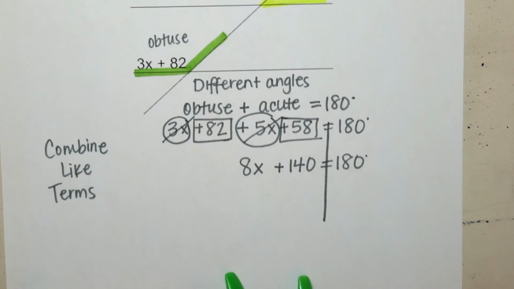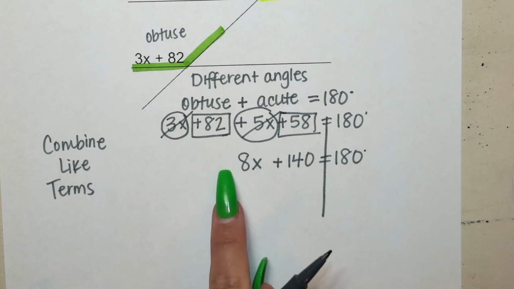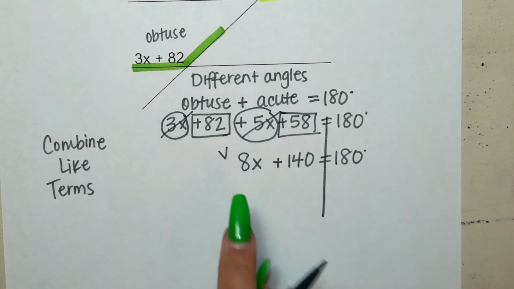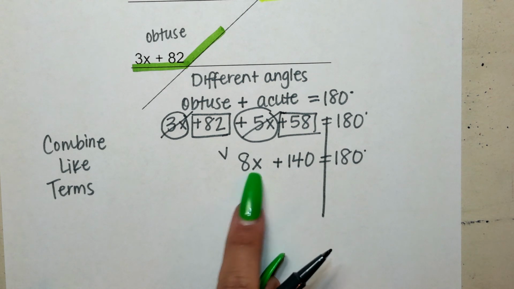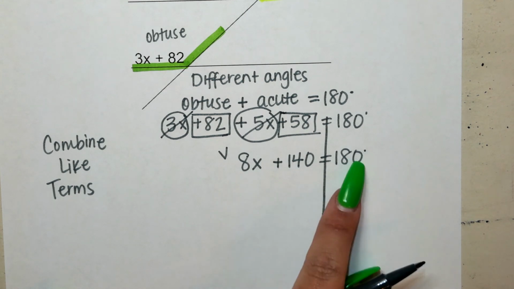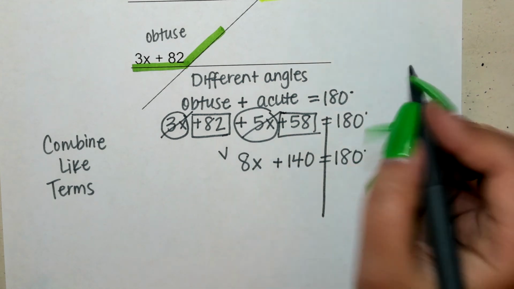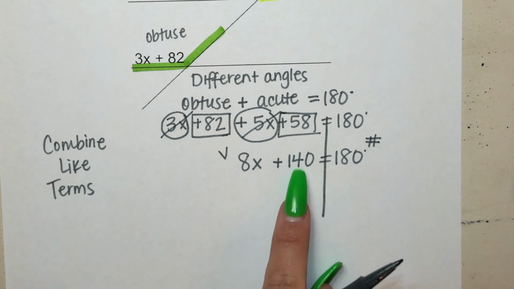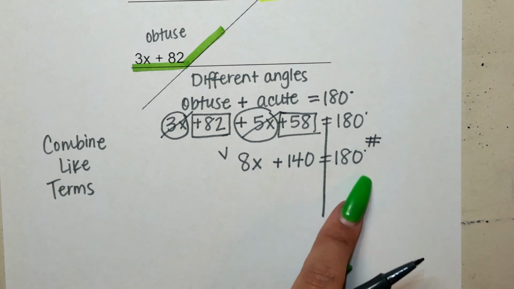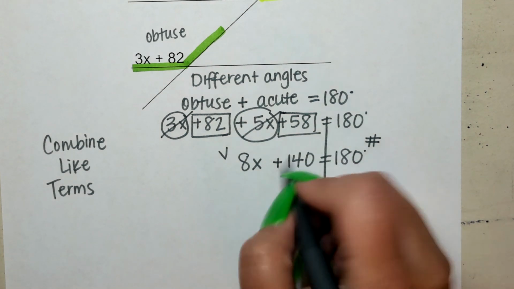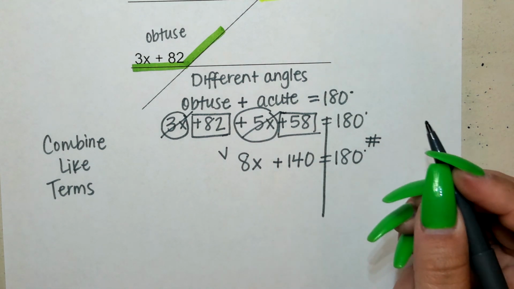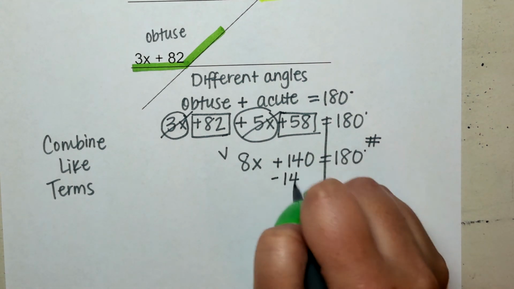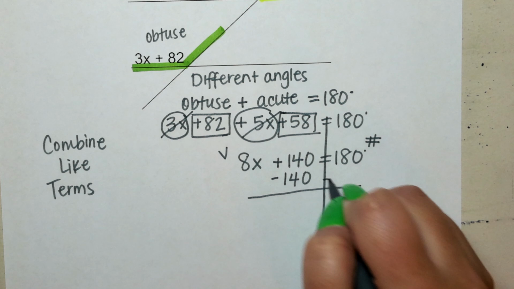Now it looks just like a regular equation. The left side is going to be my variable side since I only have variables on the left side. There aren't any on the right side. And my right side is going to be my number side. So now I want my number to go over to the number side. So I'm going to do the opposite of a positive 140, which is to subtract 140 on both sides.